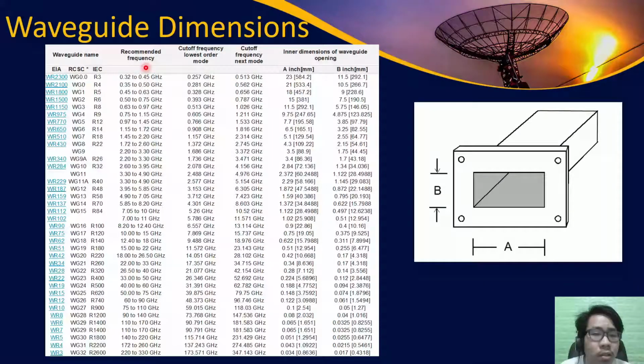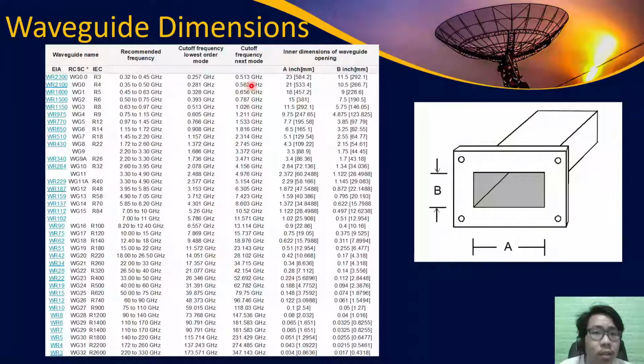It can exceed above or below this range. And then the cutoff frequency of the lowest order mode, the lowest value of the frequency that we can have for the EM waves inside the waveguide. So this one is the cutoff frequency of the lowest order, and the cutoff frequency of the higher order, or the next mode, is this one.